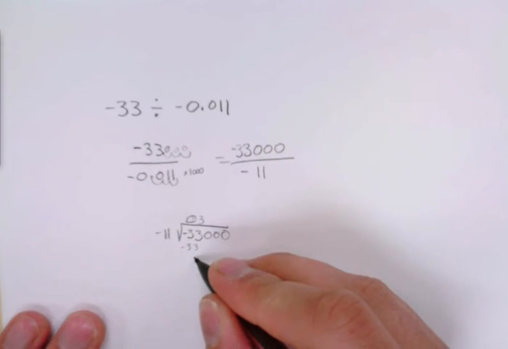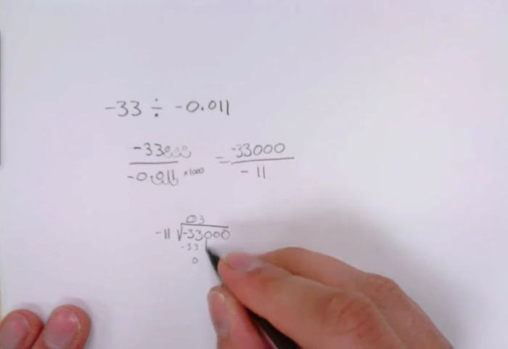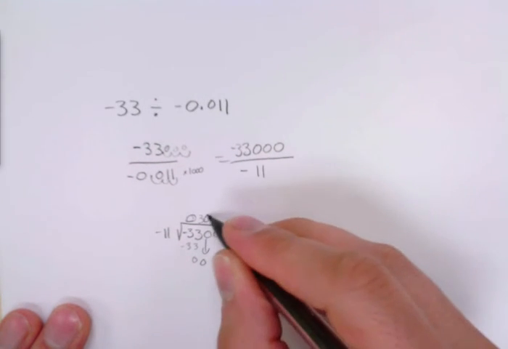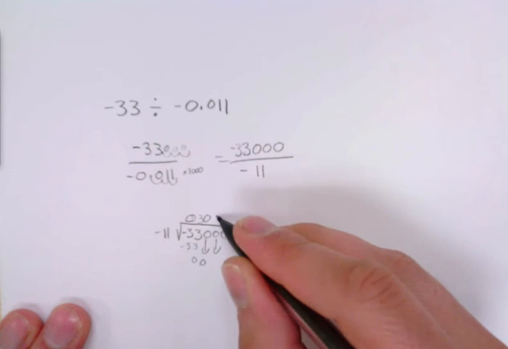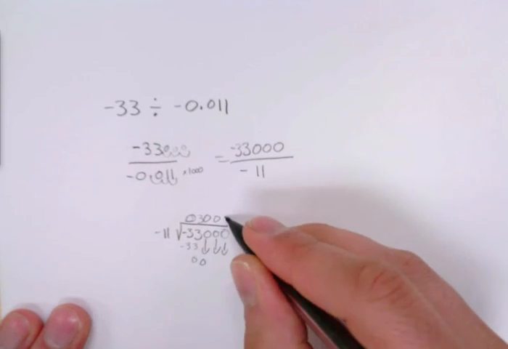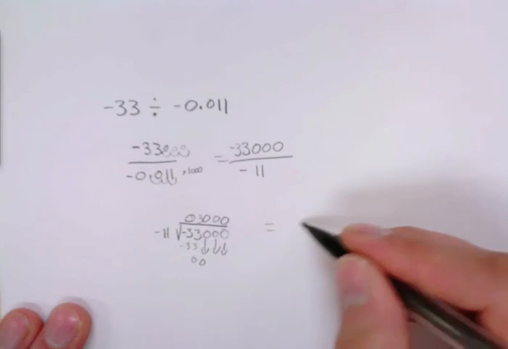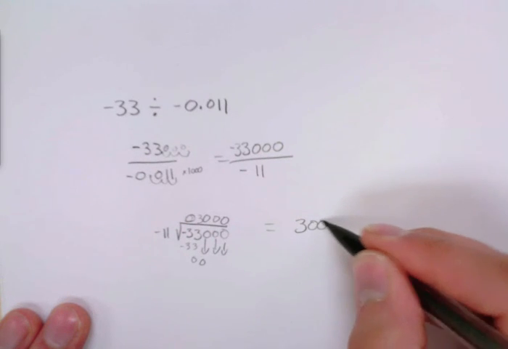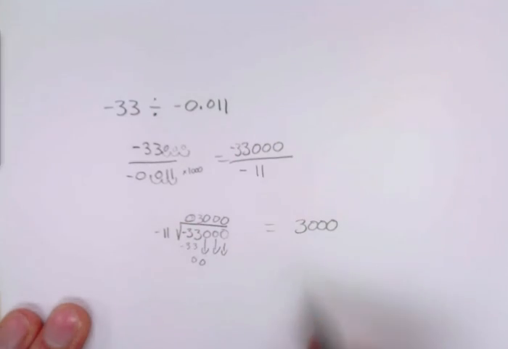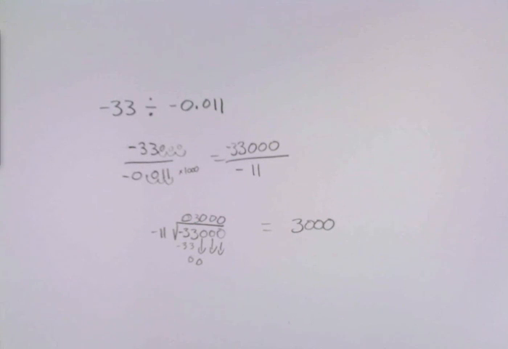So I'm going to end up getting a 0. Then we bring down the 0. We have a 0. Bring down another 0. 0. Bring down the last 0. 0. So my answer for this is going to be 3,000. And since they're both negative, my answer is going to be positive. So that is essentially how we divide decimals.